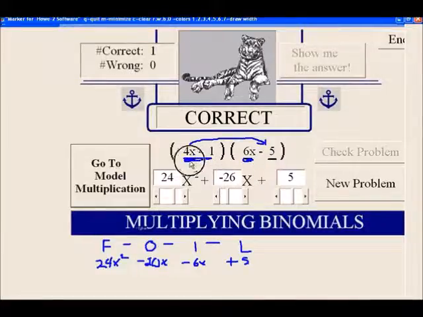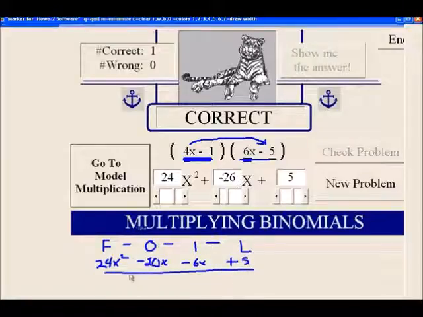Now, these quantities are in descending order according to their powers, and that's why this answer turns out to be in the proper order for the powers. The idea that you multiply everything in the first quantity times everything in the second quantity will help you when we move on to even more complicated multiplications. Say you ended up having to multiply a binomial times a trinomial.